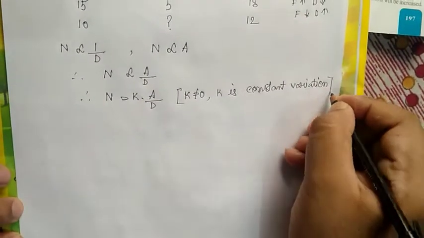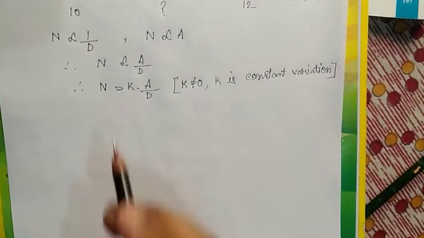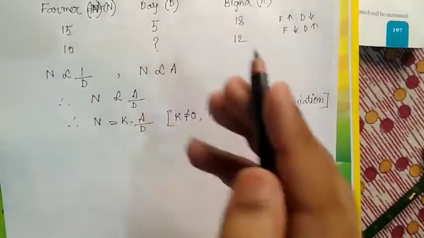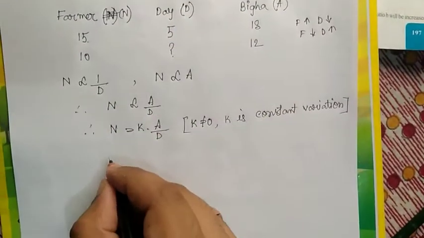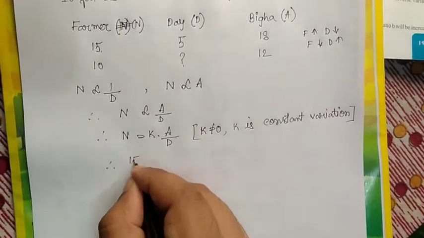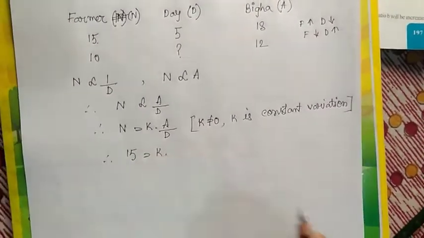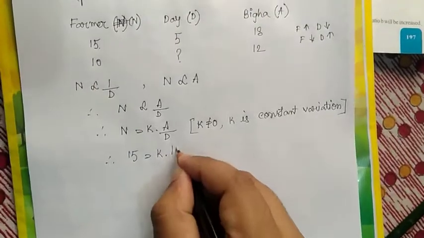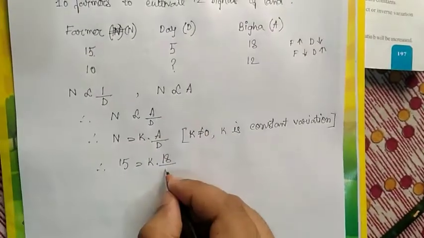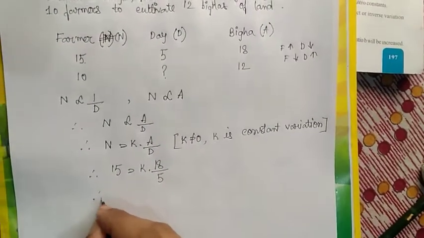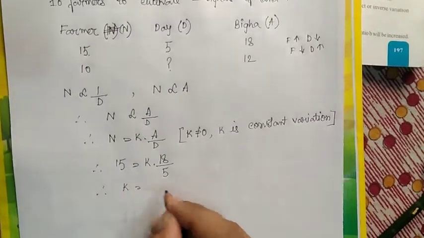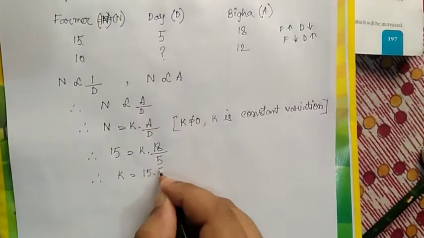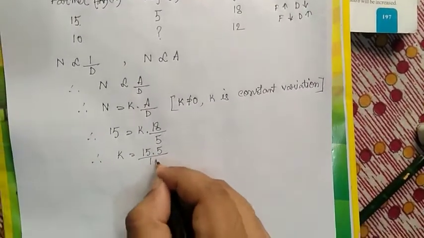First of all, we have to find the value of k. Here n is 15, a is 18 and d is 5. Therefore k equals 15 into 5 by 18.